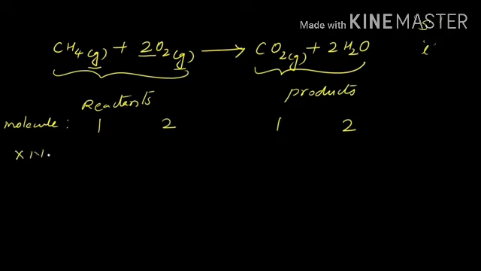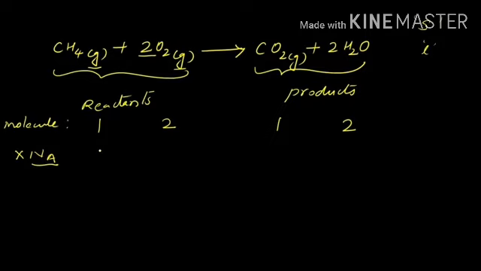Now let us check the number of moles involved in this chemical reaction. To find the number of moles, I am multiplying by the Avogadro number, expressed as Na, because the number of particles is equal to the number of moles times the Avogadro number.